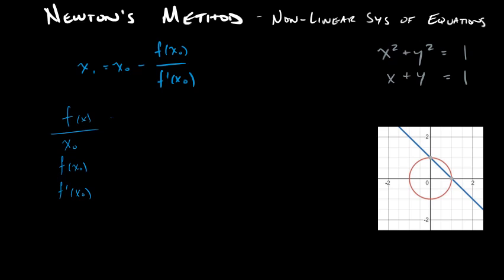What we'd like to do now is I have an entire system of equations. So this little bar that I'm going to put on top here is going to represent a vector, and my inputs are vectorized. I have an x and a y.